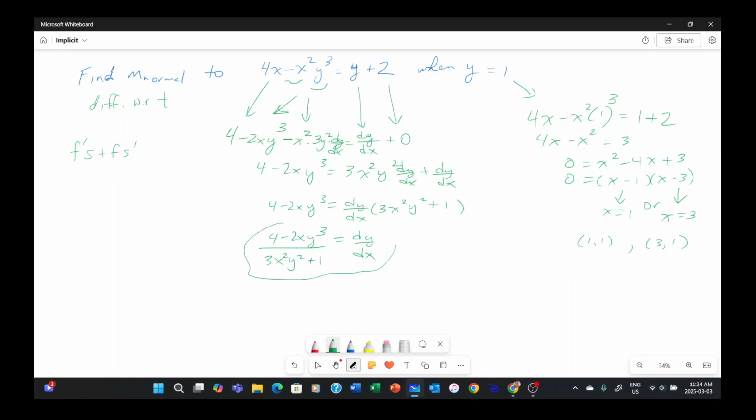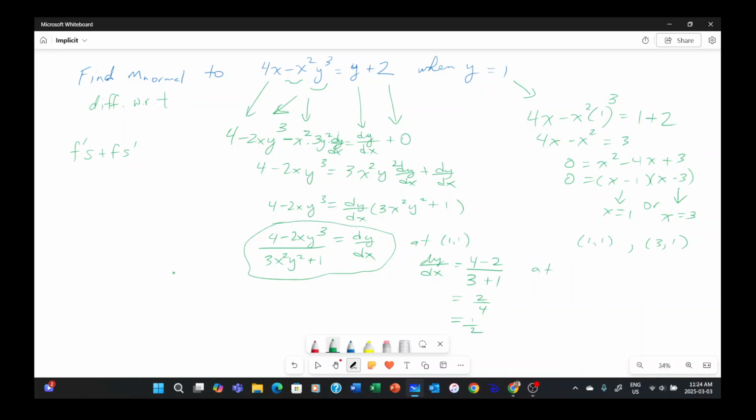This is your rate of change everywhere. That's otherwise known as your IROC, your slope of the tangent, etc. So now all we do is we sub in our points. At (1, 1), dy/dx equals 4 minus 2 times 1 times 1, which is 2, over 3 times 1 times 1, which is 3, plus 1. And so you get 2 over 4, which is a half.